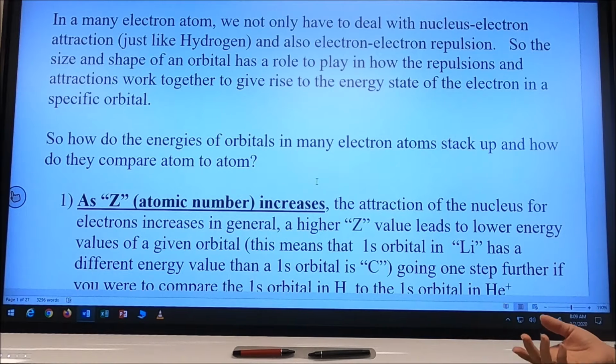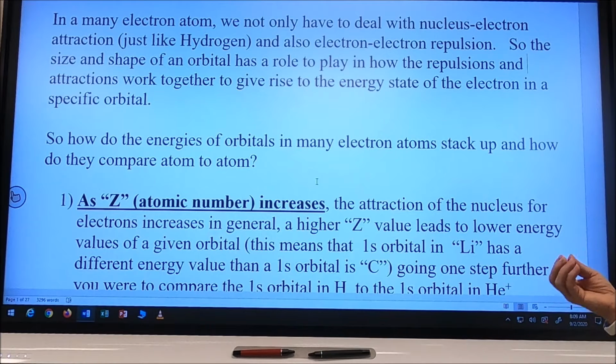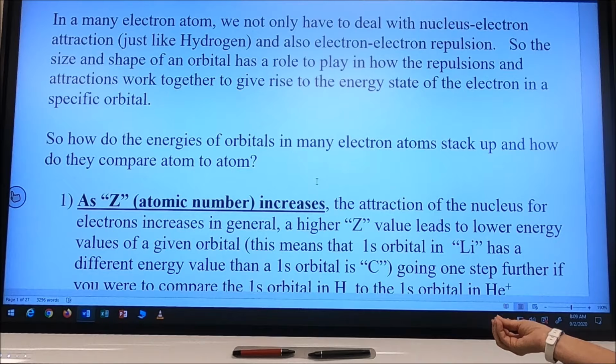So a 1s orbital in lithium is going to have a different energy value than a 1s orbital in carbon. Carbon has more protons in the nucleus, so it's going to have a lower energy for its 1s orbital than lithium does. Okay? Just know it's a lower energy.